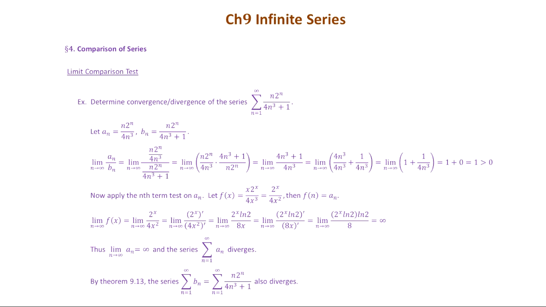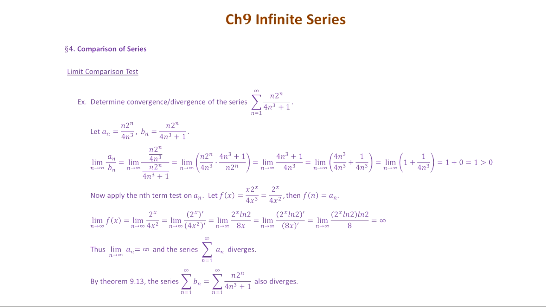As x, or n, approaches infinity, then 2 to the x also approaches infinity. You get the infinite number of 2's multiplied by each other, so that blows up.